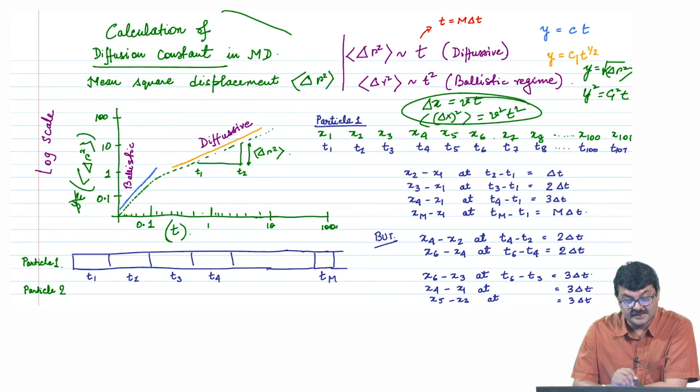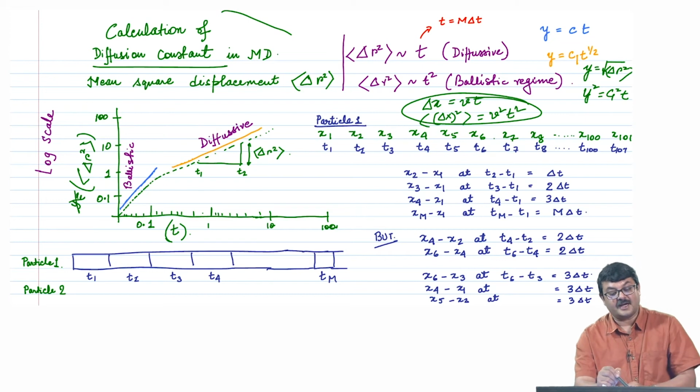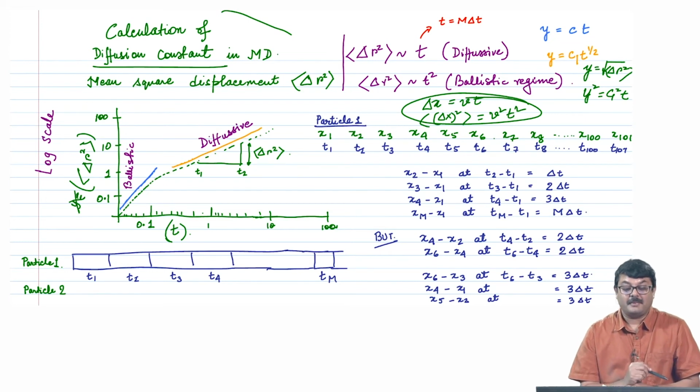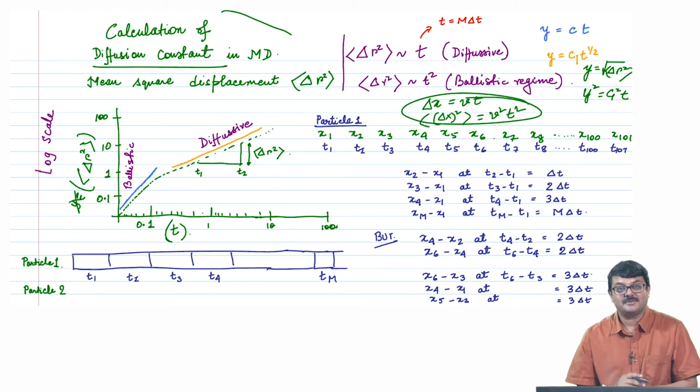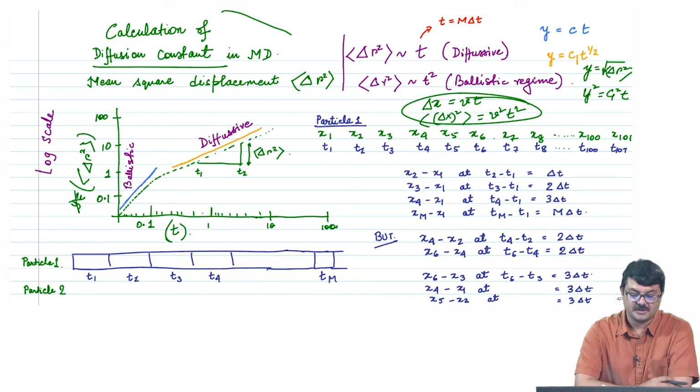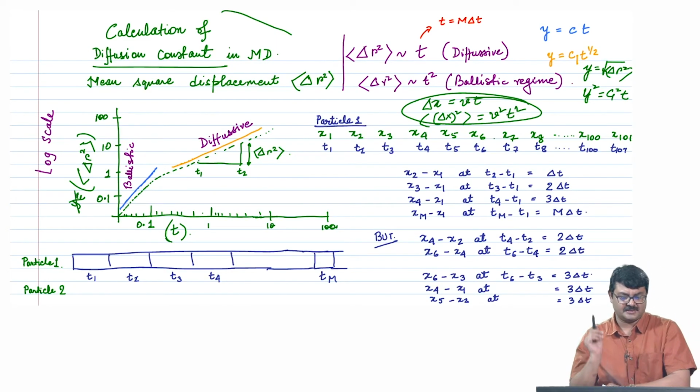After this statistical averaging, when you plot, this will be a straight line with the appropriate slope. Calculate delta r square average difference, divided by 6 times T 2 minus T 1, the time elapsed, which gives the diffusion constant D, right, and that is what we discussed in the previous slide.